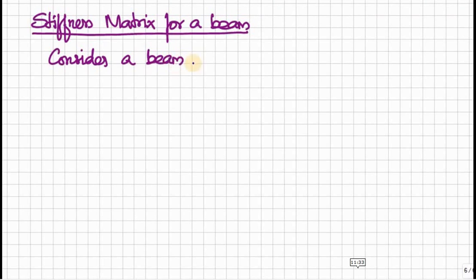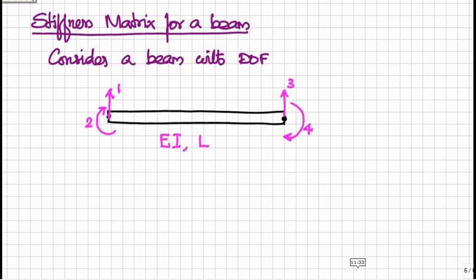Now we discuss the stiffness matrix for a beam element or a beam member, or a simple beam. So consider a beam with the following degrees of freedom, that is, at each end or each node we have 2 degrees of freedom. At node 1 we have a vertical displacement and rotation.